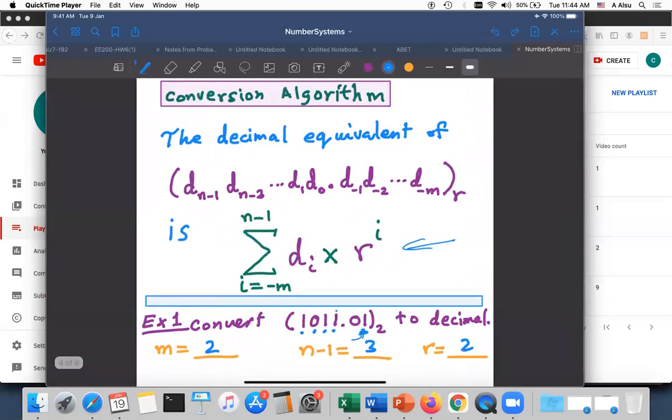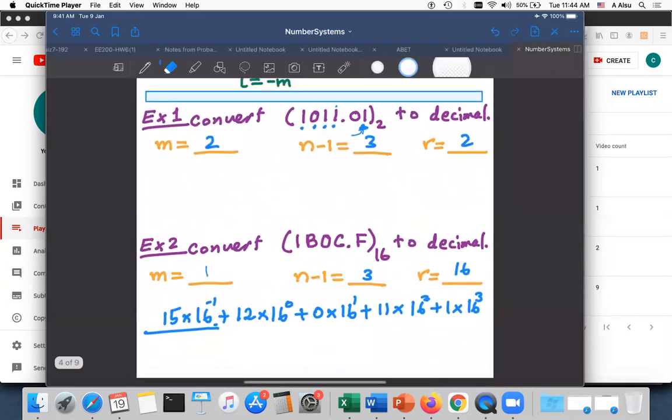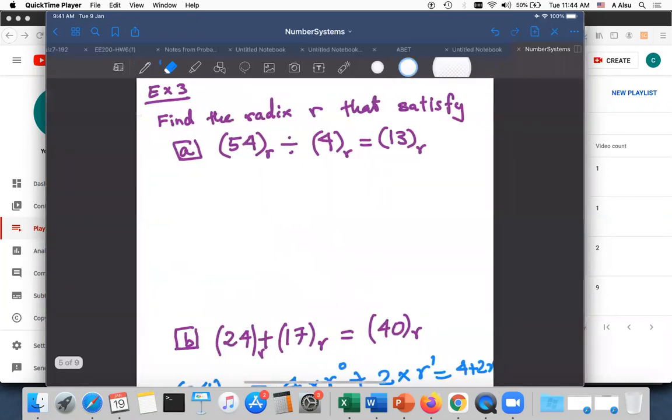We said that if the number contains n integer digits and m fractional digits, where the digits are symbolized as d sub n minus 1, all the way to d sub 0, point, d sub minus 1, all the way to d sub minus m, to base r, then the conversion is given by the summation formula. And we did two straightforward examples, and then we did tricky examples.